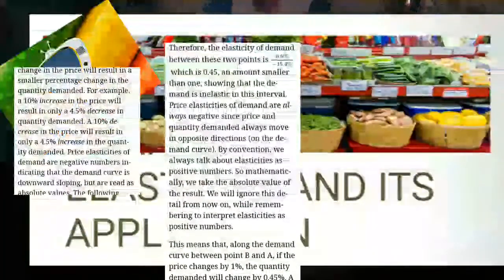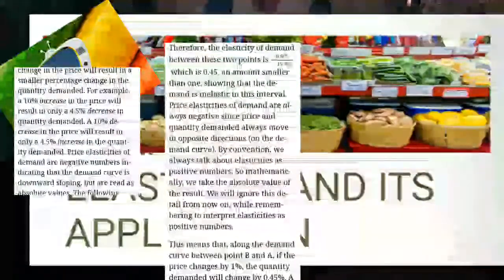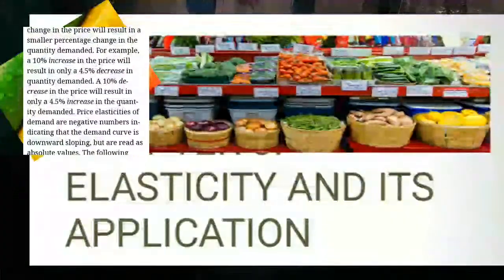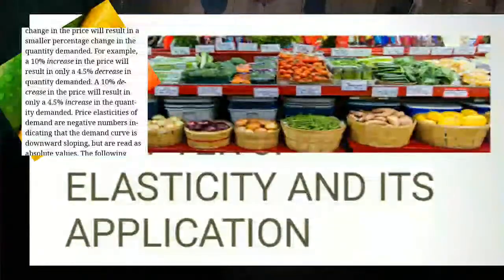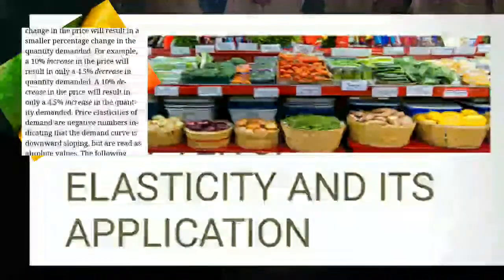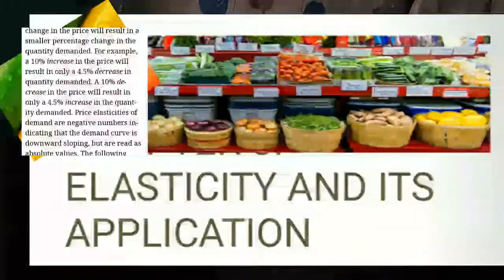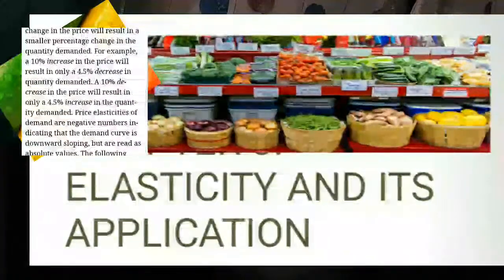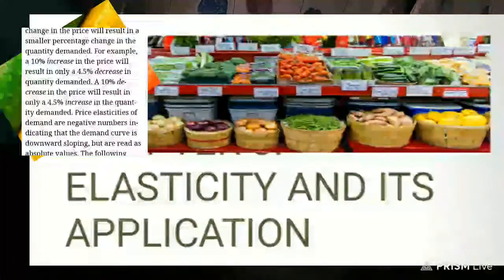A change in the price will result in a smaller percentage change in the quantity demanded. Okay? So for example, a 10% increase in the price, ito po ay magresulta ng 4.5% decrease in quantity demanded. Yung 10% naman na decrease in the price will result in a 4.5% increase in the quantity demanded.